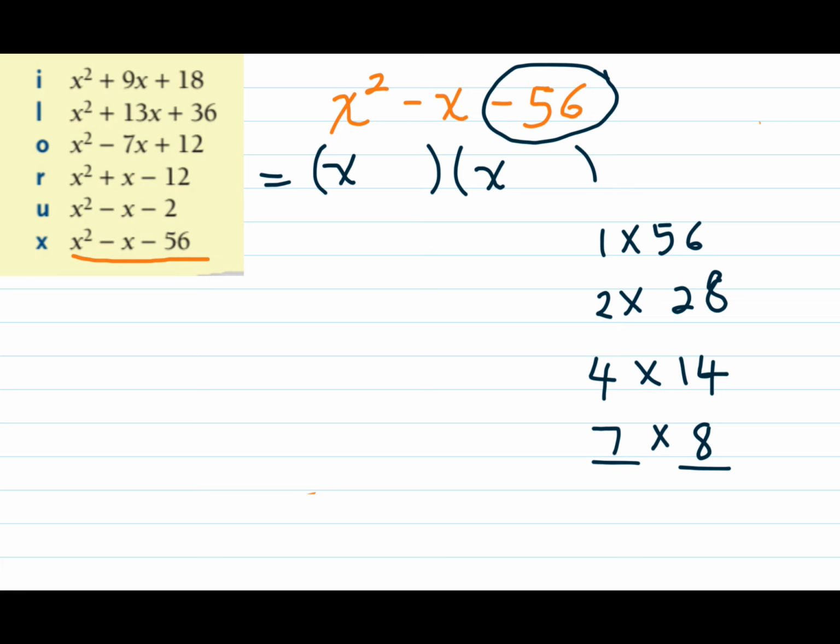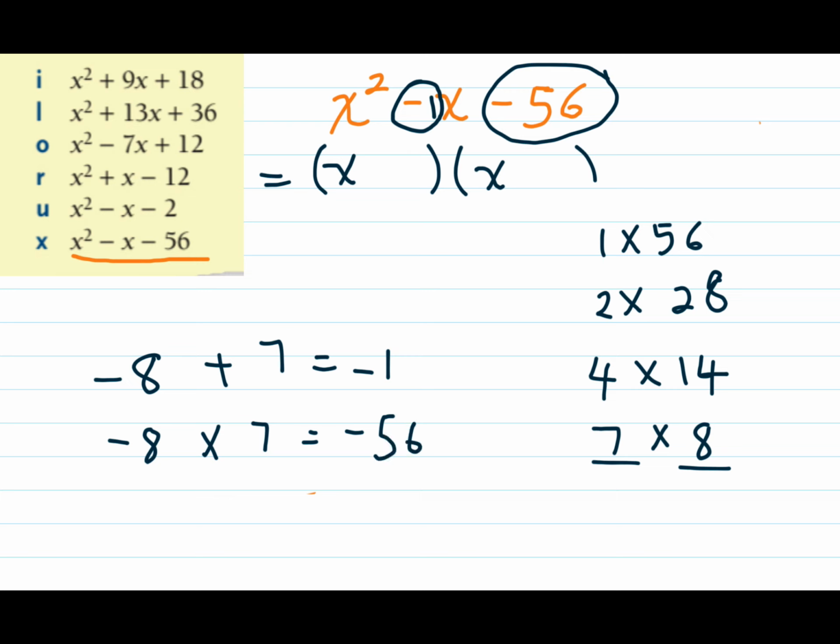So you could always try to make the 7 positive and the 8 negative, or the 8 negative and 7 positive. Just try each way and then see which one gives you a negative 1. And then you'll see that negative 8 plus 7 will give us a negative 1, which is what we want here. And then when you multiply them, you get a negative 56.